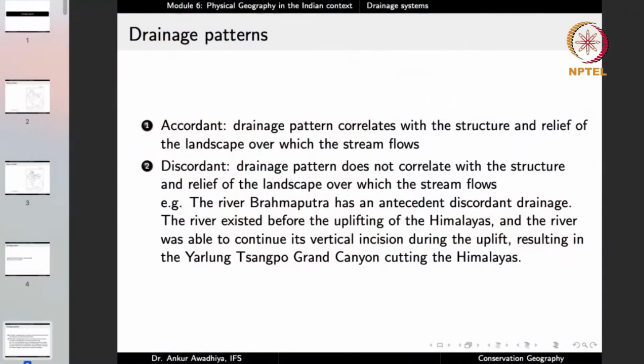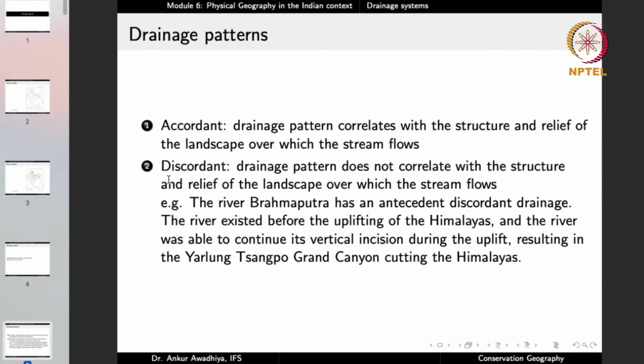Now when we talk about an accordant pattern, the river is following the landscape. If the landscape is tilted in a particular direction, then the rivers will also be flowing in that particular direction. So they maintain an accord with the landscape, and especially the structure and the relief of the landscape.